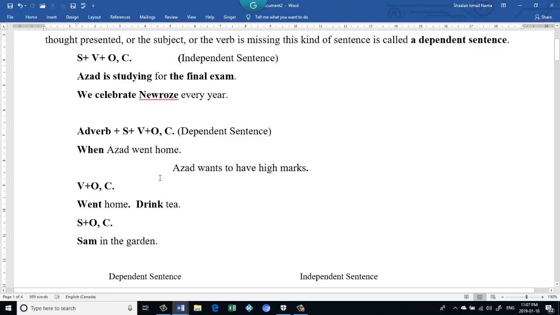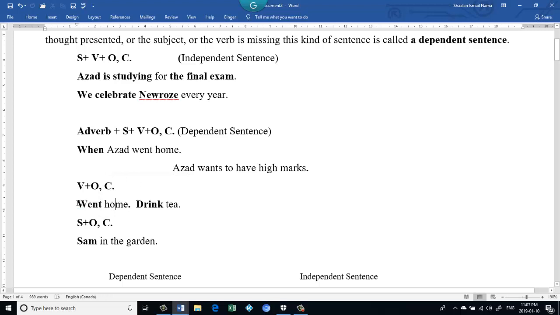But if I have a sentence like this, for example, I have the verb, then I have the object or the complement, one of them. Let's look at the sentence. Went is the verb, an action verb. Home is the object.